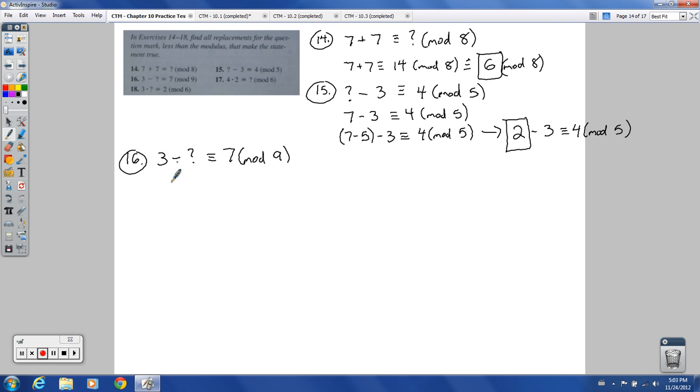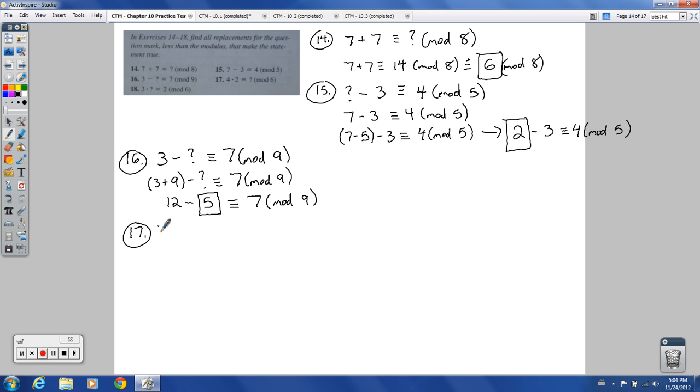Before I do anything, I can add a 9 to that 3, and this would be an equivalent statement. So what is 3 plus 9? That's 12, and then 12 minus what number gives me 7? I hope it's clear that would have to be a 5. There's no way around that one. Since I added 9 to this number, 3 minus 5 would be the same thing as 12 minus 5, because the modulus added to the number doesn't affect the remainder. The remainder still would be 7.